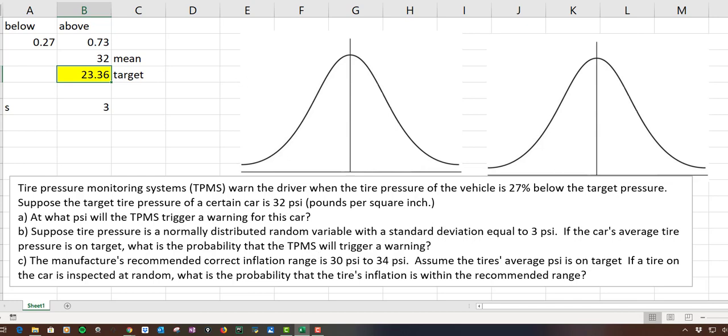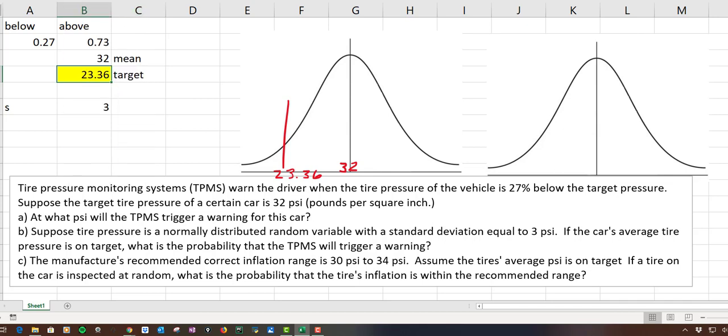So the key here, and it's kind of nice to actually draw this out a little bit, is to understand that you were given the mean right here in the middle, 32. And so basically what we're looking for, if we're somewhere down here of this target, we said that's fine, that's okay.